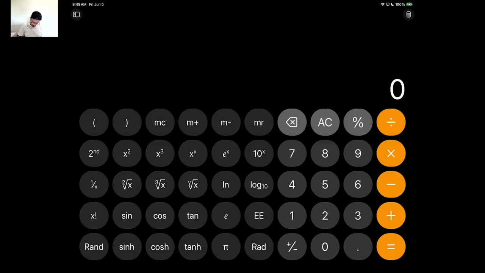And the cosine function is here, but where's the degree? And yes, this will be radian mode. If I click, you can see on the top left, there is rad written there, so that's in radian mode. I press the degree button here. Now I guess that's in degree mode.